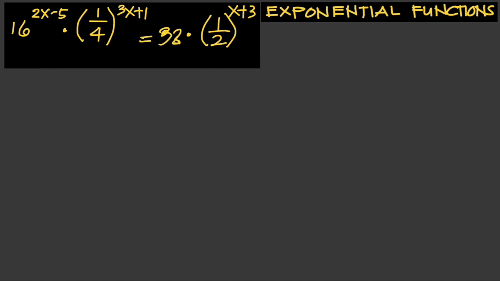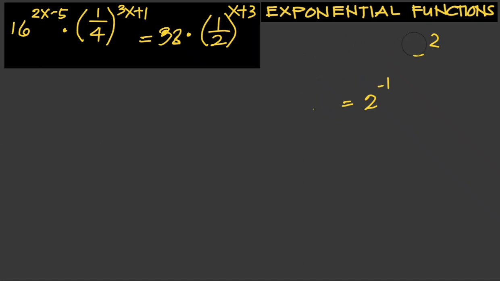By using the negative exponent rule, we can write 1/4 as 1 over 2 squared, or 2 to the negative 2. And 1/2 is just 1 over 2 to the 1, so we can write that as 2 to the negative 1.